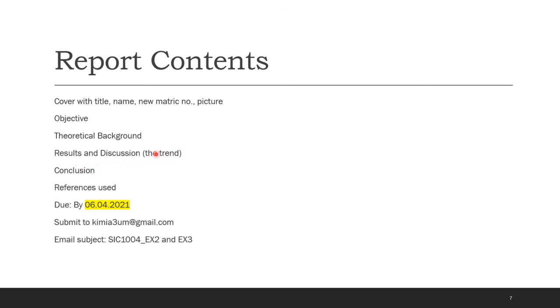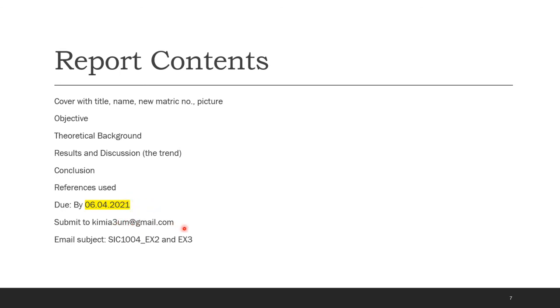Results and discussion, where you will discuss the trend that you see, and the conclusion is just reporting back the Ka values of the acids used. References in APA style. Some of you have been using numbering style, and that's also okay, but make sure that you're consistent. This is due next week, so you have 1 week to do that.